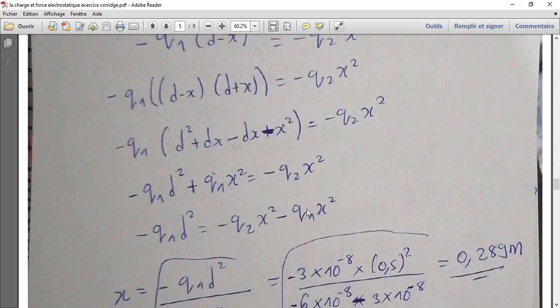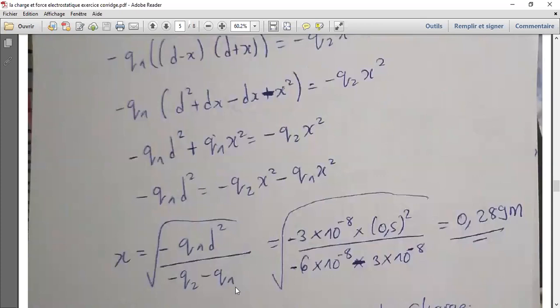And from there, just divide both sides by negative q2 minus q1. It will be x squared equals negative q1 d squared divided by negative q2 minus q1.